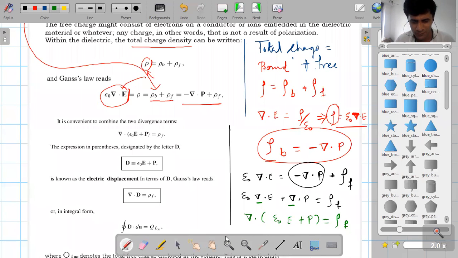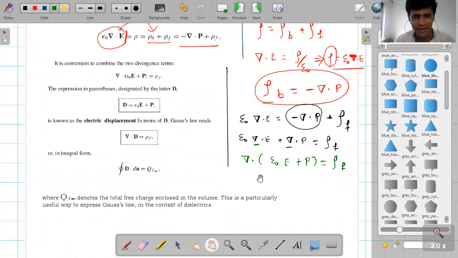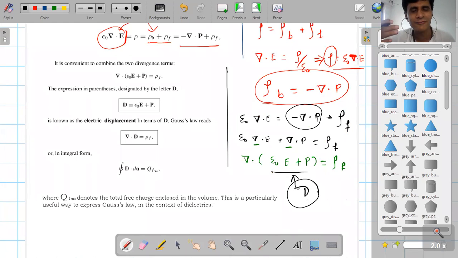Super. The term in the bracket is known as the electric displacement vector and is denoted by D. Understood? Our aim was to find the relation between D, E and P. What is E? The electric field.